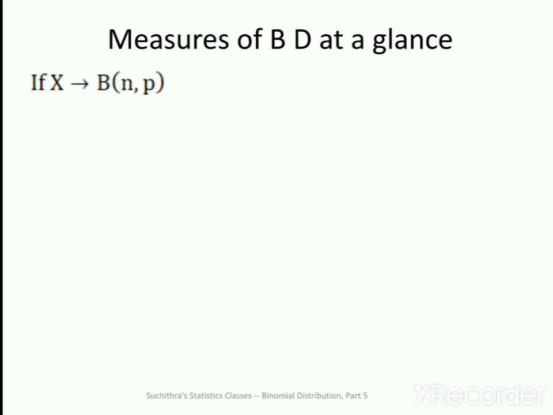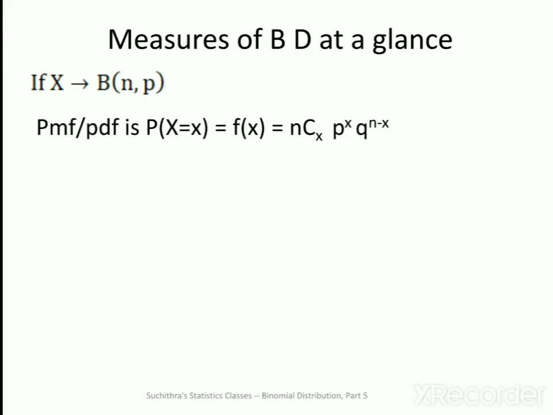Then let us have the measures at a glance of a binomial distribution. So far we have studied from part 1 to part 5. If x follows b(n, p), f of x is ncx p raised to x q raised to n minus x.